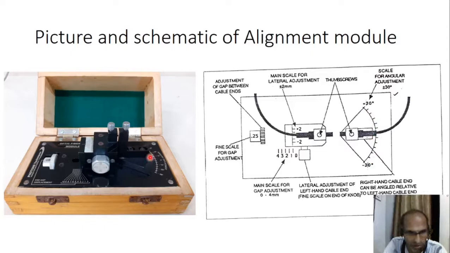Notches are provided like this when you measure angular displacement. The middle notch coincides with the central axis of the fiber to the other fiber end. So this model, called the alignment model, we are going to use for our measurements.